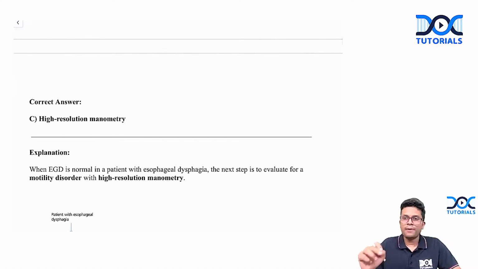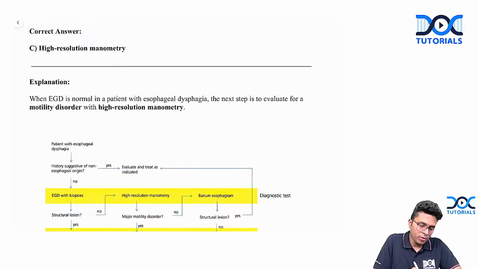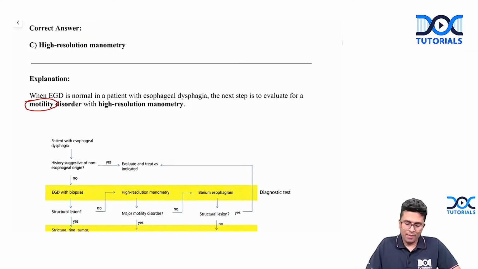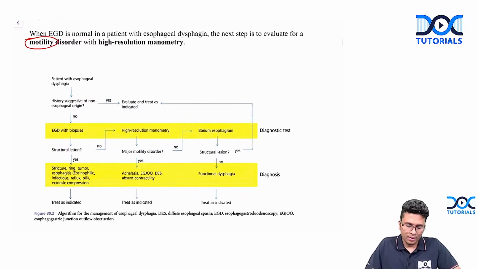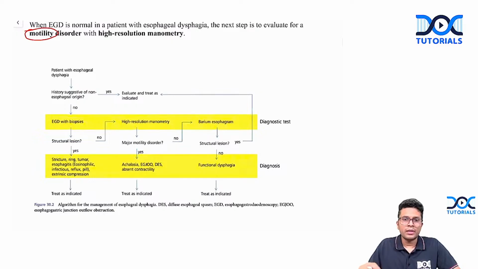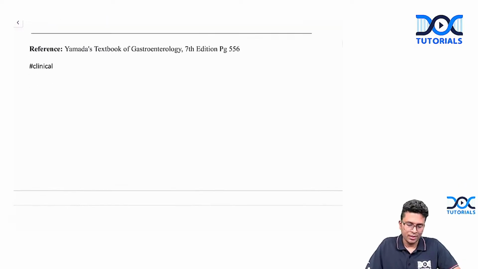Yes, option C is the one. As per simple logic, if you want to evaluate a motility disorder in a patient with dysphagia, you have to go ahead with high resolution manometry to know whether it is a major motility disorder or comes under minor motility disorder after ruling out structural causes.